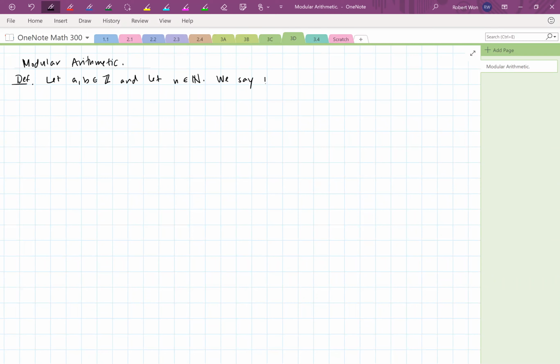We say that a is congruent to b modulo n. A is congruent to b modulo n.